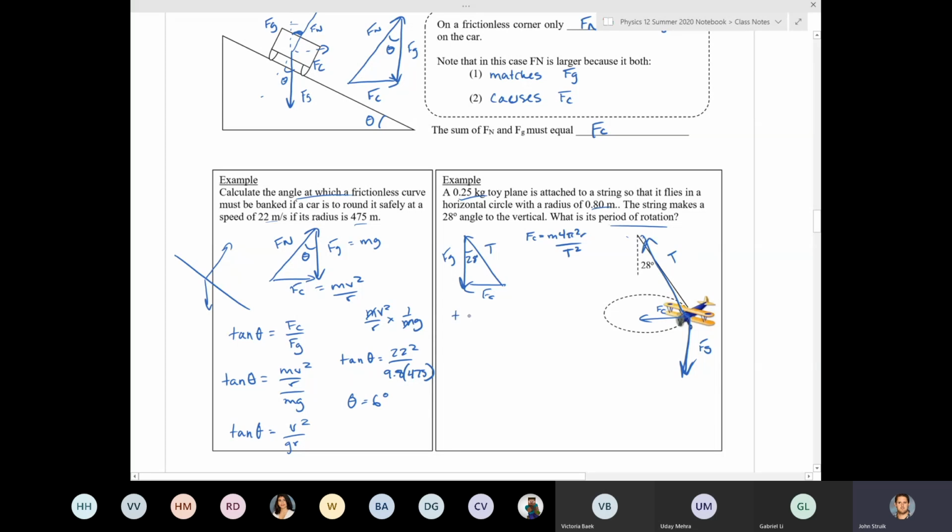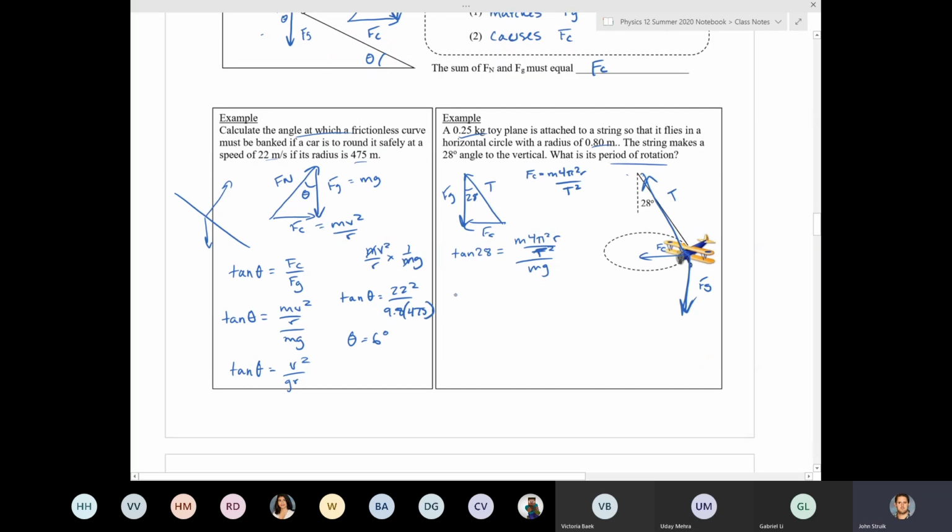So tan 28 equals Fc over Fg. So it's going to be m 4 pi squared r over t squared over mg. And again, we're going to be able to cancel out the masses. So it's going to be tan 28 equals 4 pi squared r over t squared g.